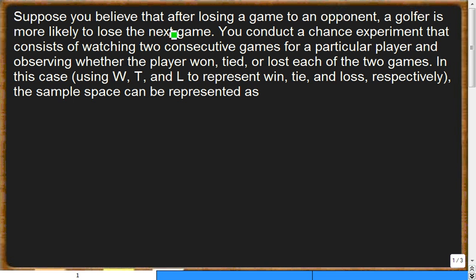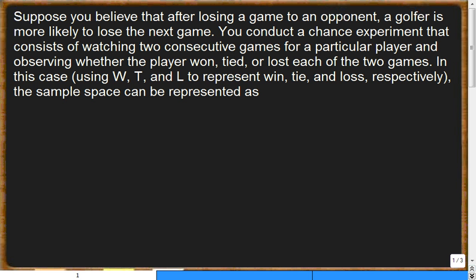In this scenario, we are looking at results of 2 consecutive golf games. In the first game you can either win, tie, or lose, and in the second game you can also win, tie, or lose. We want to know all of the possibilities in order to figure out down the line what the probability of one particular event would be.